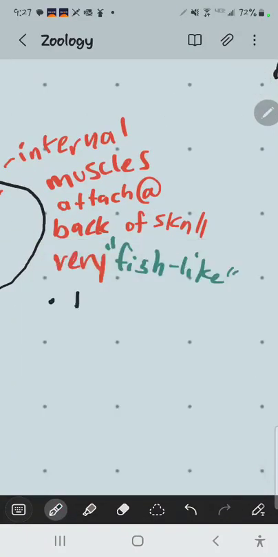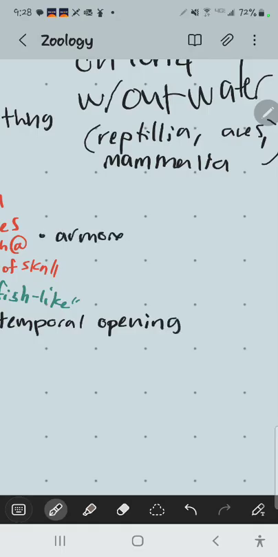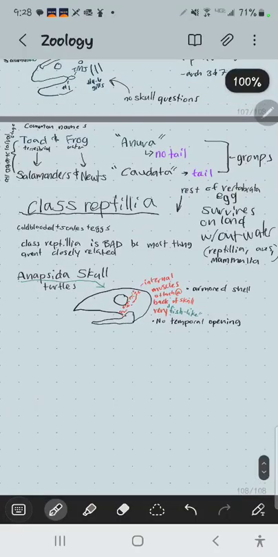But lizards, this is a monitor lizard skull, and crocodilians, this is an alligator skull, are what are called the diapsida condition. So I have an alligator skull here that shows this, and there are openings for the jaw muscles to pass through, and there's two of them.